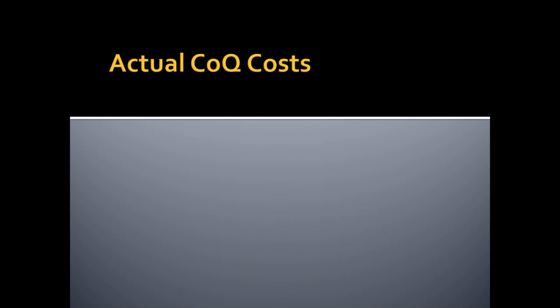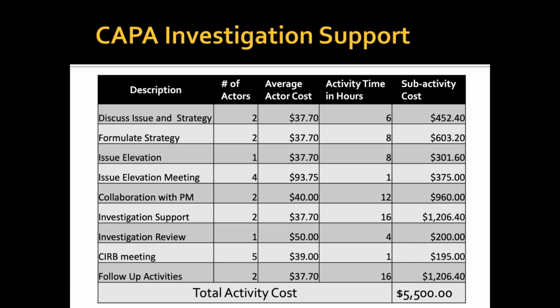Now, you asked for a real-world example. Let's look at actual recorded costs incurred for the support of a single CAPA investigation. Again, this is a single CAPA investigation. You can look at the description of things that are happening over here, the number of actors, the average cost, the activity hours, and the sub-activity costs, along with the activity cost of $5,500, again, for the support of a single CAPA investigation.